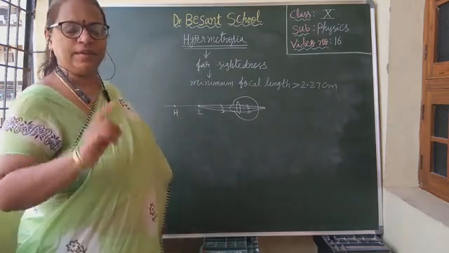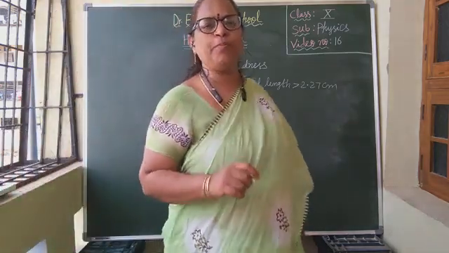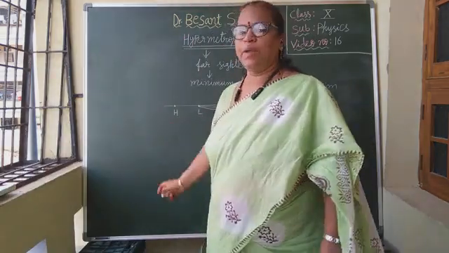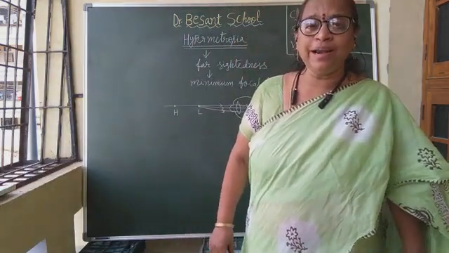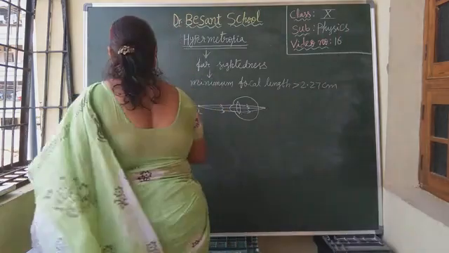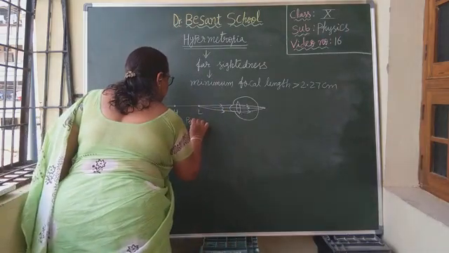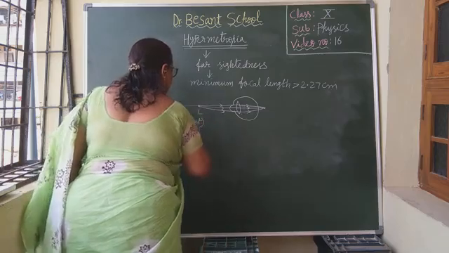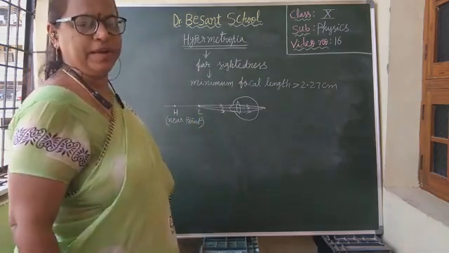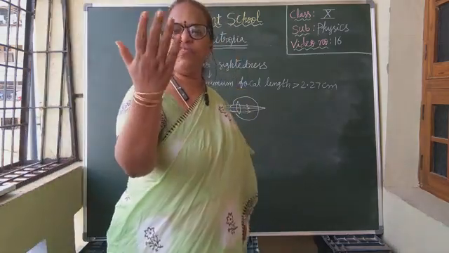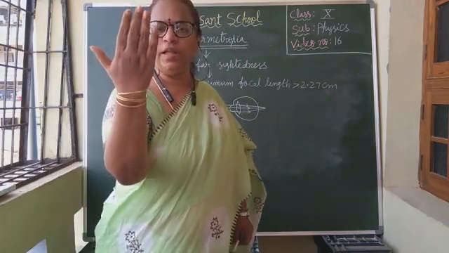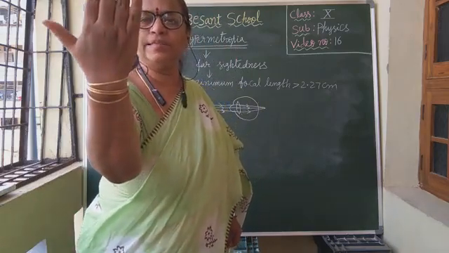What is H here? Like the myopic point in myopia, this H is called the hypermetropic point or near point. What is meant by near point? As I told, at 25 centimeters the person is not able to see. Okay, still increase the distance.